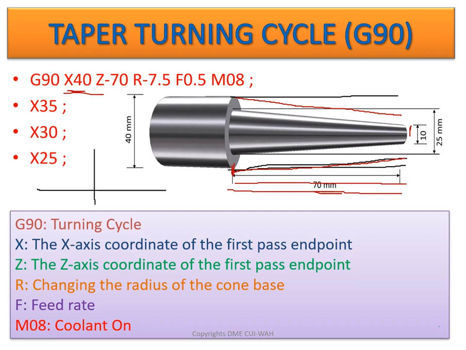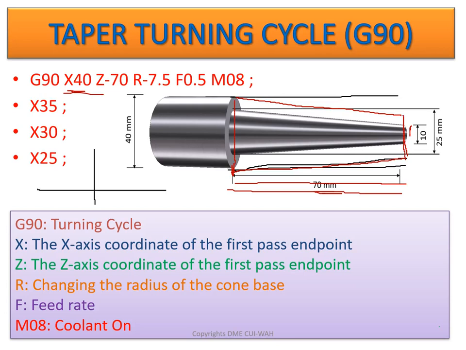So minus 7.5 from the downside and minus 7.5 from the top side, so it will remove a total of 15 mm from the diameter. So 40 minus 15, now the diameter at this end will be 25 mm. The first cut will bring it to 25 mm from this side, and this side will be 40 mm.